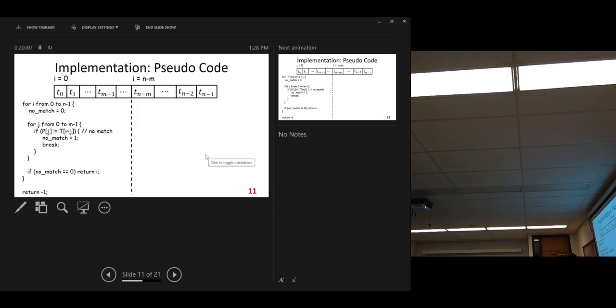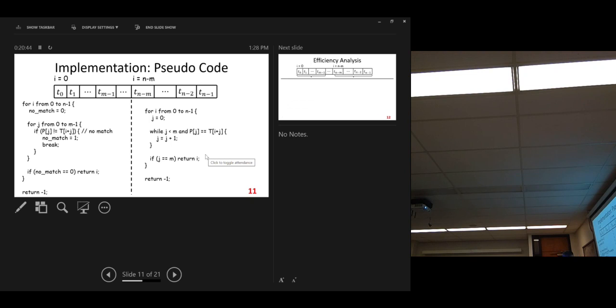But there is another version, similar to this one. We use a while loop to represent this for loop with break, because we put the comparison in the while condition. If no match, you get out of the while loop immediately. So this is another good way.